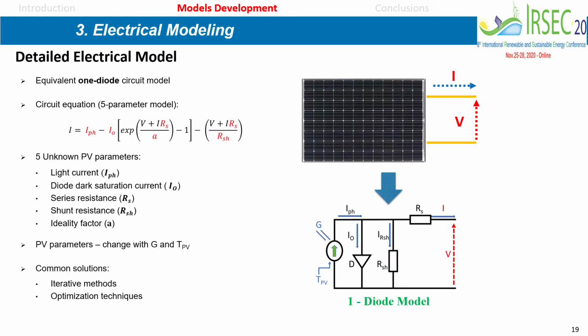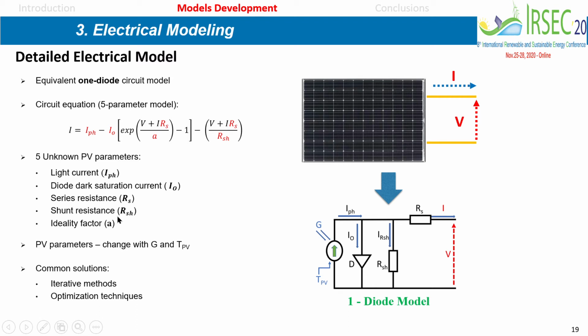So now the electrical model, we use the classical one diode circuit model, where the current is given by the relationship here, and the parameters in red are the 5 unknown parameters, which are the light current I_PH, the diode dark saturation current, series resistance, shunt resistance, and ideality factor.